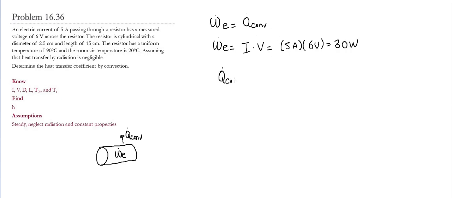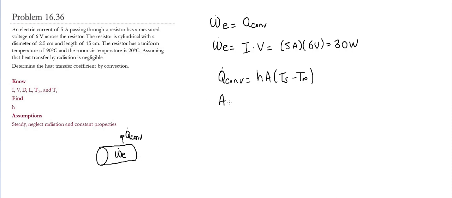The amount of heat rate lost by convection is simply equal to h A (Ts minus T infinity). In this case, we're going to assume that the area is equal to the surface area plus both of the ends of this cylinder.